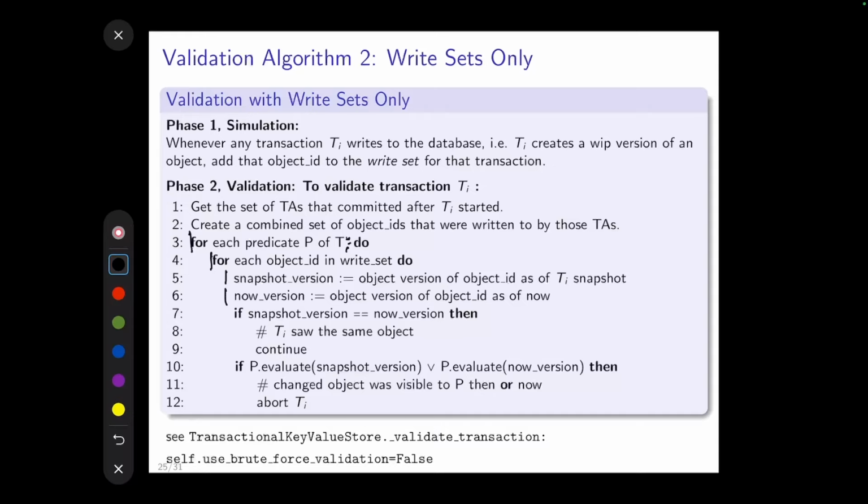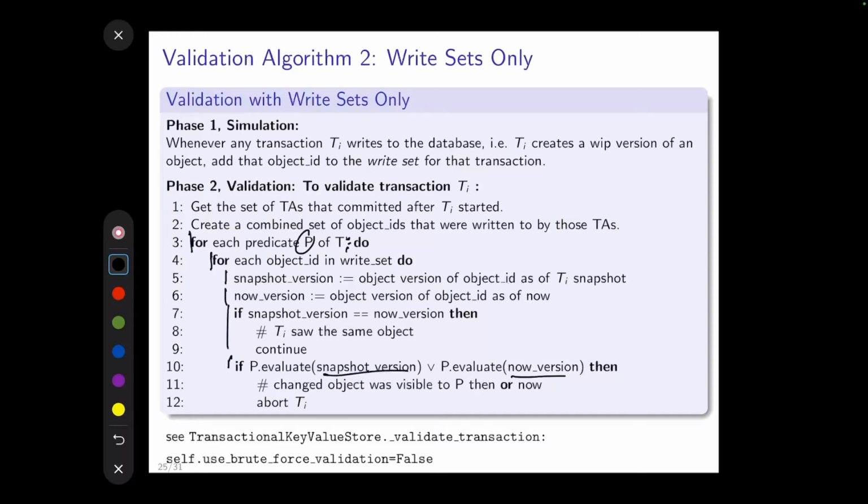If those versions are the same, everything is fine. Then I can continue, because then these predicate evaluations would also yield the same thing. And now I evaluate the predicate, this P, on the snapshot version and the now version. And if any of them returns it, I abort the transaction.